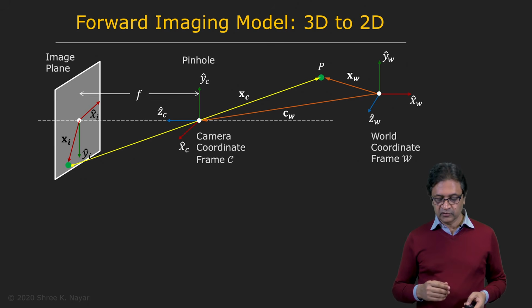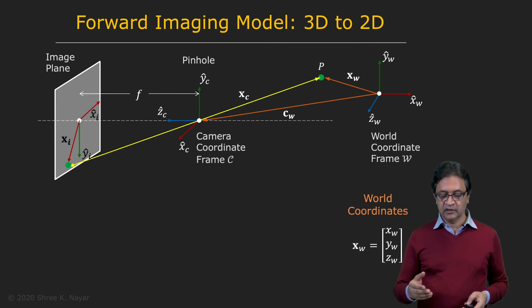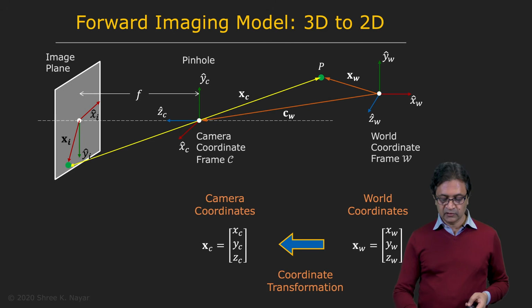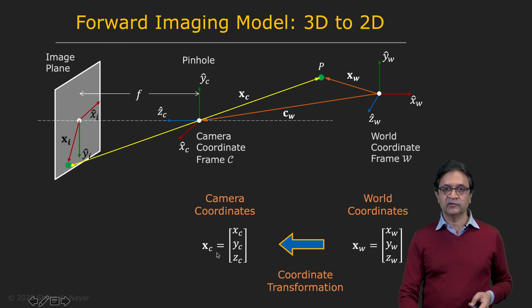So here's what we're going to do. We start with a point in the world coordinate frame, xw. And then we're going to model its transformation to the camera coordinate frame. Remember that this is a 3D to 3D transformation from the point xw, which is in 3 dimensions, to the point xc, which is also in 3 dimensions in the camera coordinate frame.